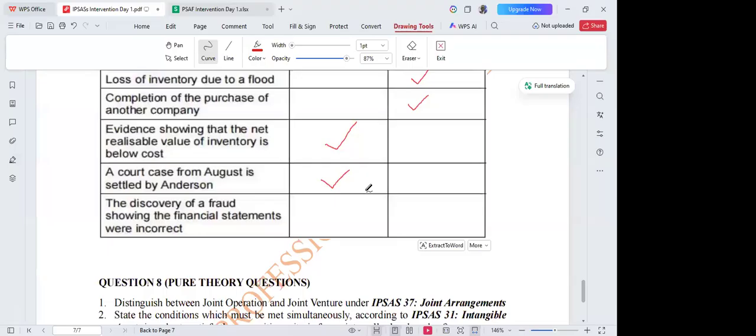The discovery of a fraud showing the financial statements were incorrect. Is it adjusting or non-adjusting? Yeah, Helen, your hand was up. Why? It's like an accounting error.